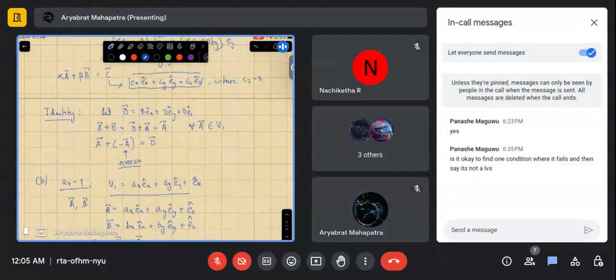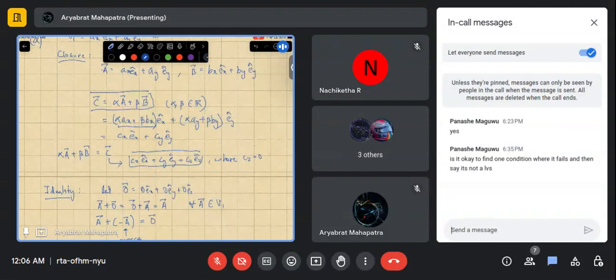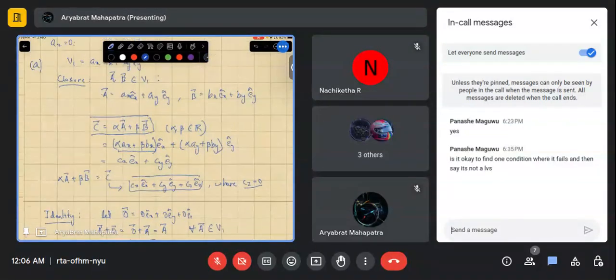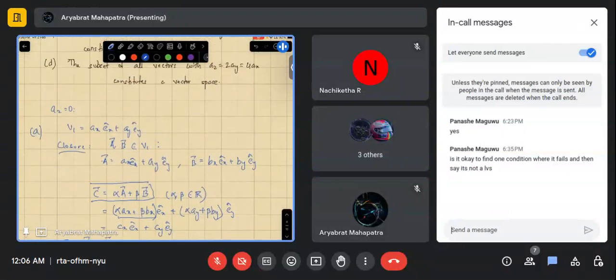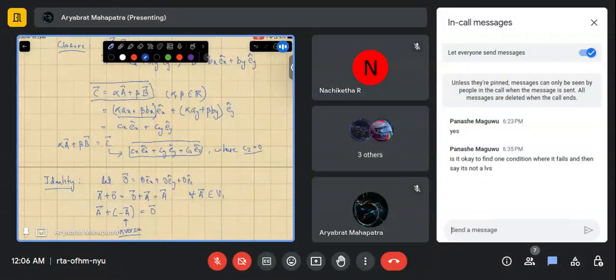Earlier, in this C vector, we found that Cz is zero, because we initially started with the statement Az should be zero, and if Az is zero, then our vectors should have this structure. Then we saw that under closure also our vectors still remain in this structure where Cz is zero.